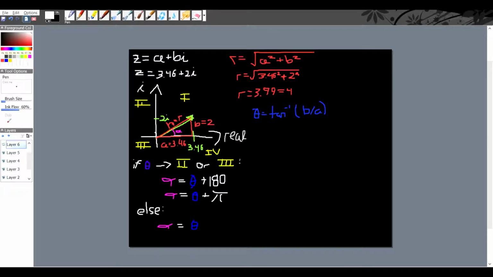Else, as in this case, if we have our vector and angle on quadrant 1 or 4, it's just the same. We don't have to do any extra step.